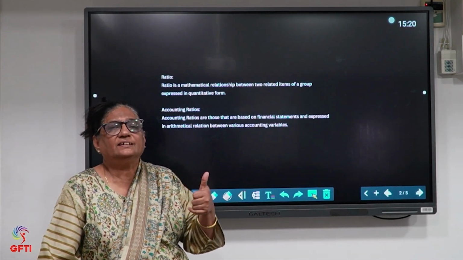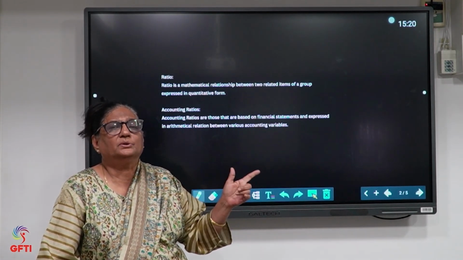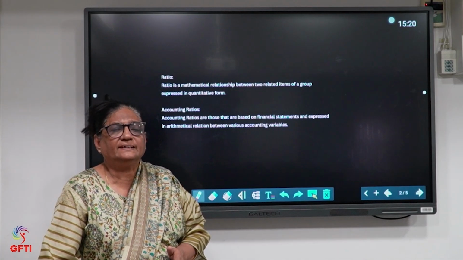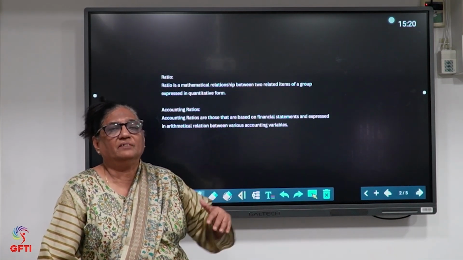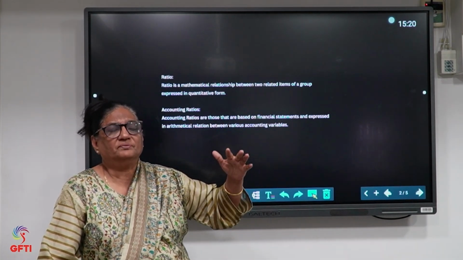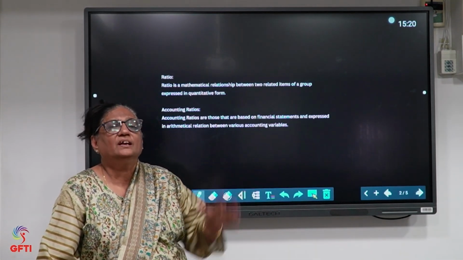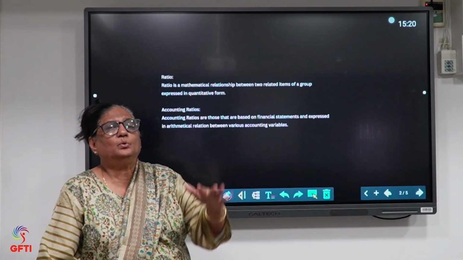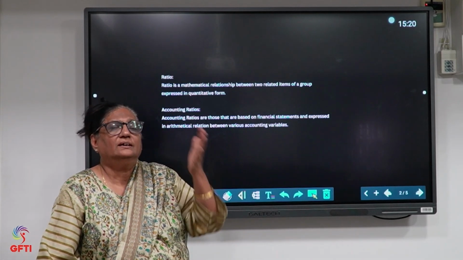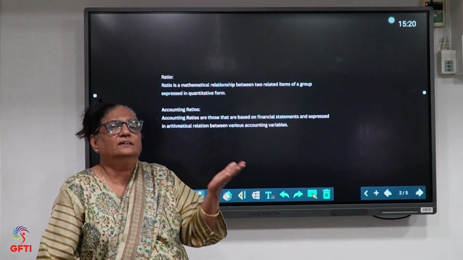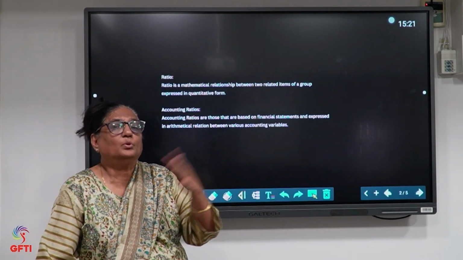You have a balance sheet, and companies accounts as per Schedule 3 of Companies Act 2013, that format of revenue account, profit and loss account, statement of profit and loss account, and a balance sheet. Along with that, you have analyzing of accounts, that is accounting statements, where you have comparative and common size.